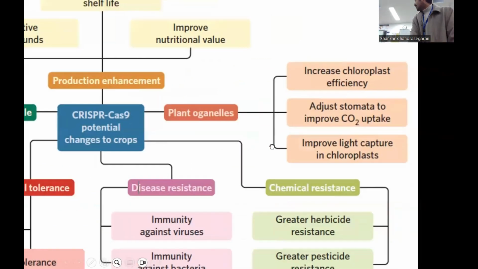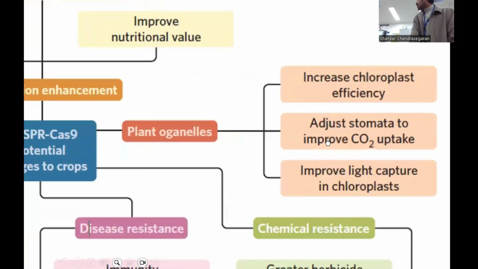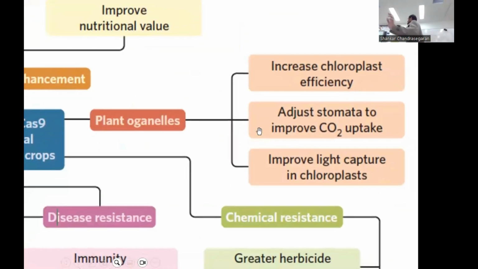Next is plant organelles. So basically modifying the organs within a plant cell, known as organelles. So what can we do? First one is increasing the chloroplast efficiency. What do you think increasing the chloroplast efficiency would do? This is a question, Sarah. Okay, what do you think increasing the chloroplast efficiency will do?